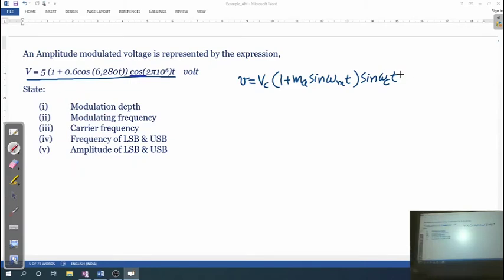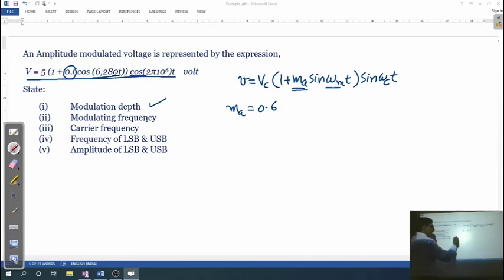Correct? Then first of all, the modulation depth. If you see, 0.6 is here and Ma is here. If we compare this, then the modulation depth Ma will be equal to 0.6. Then the second thing, the modulating frequency. Where is the modulating frequency? Omega m is there, and here in this case correspondingly we have 6280.